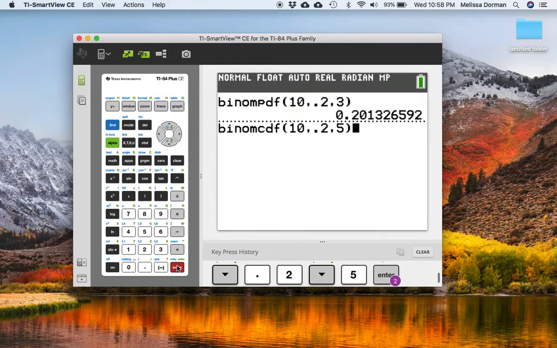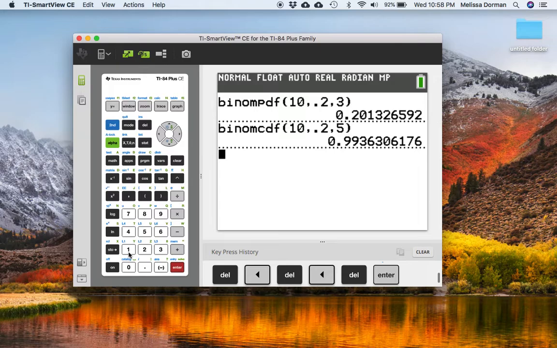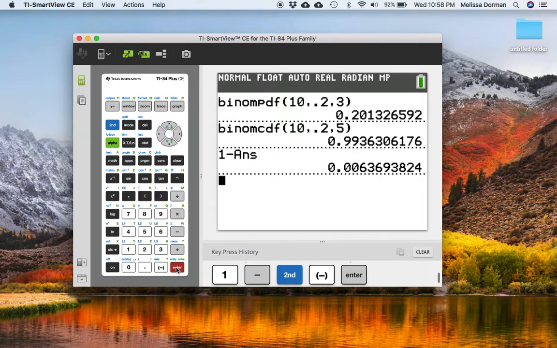And since we want 6 or more, we're going to do 1 minus that answer. So the 5 or less was about a 99% chance, and then 6 or more is the complement of that. 6 or more correct is about a 0.6% chance.